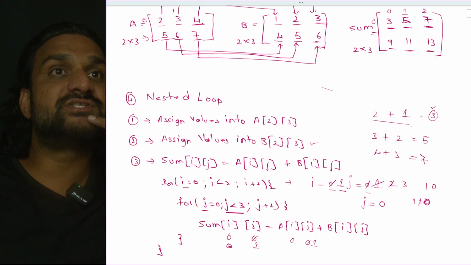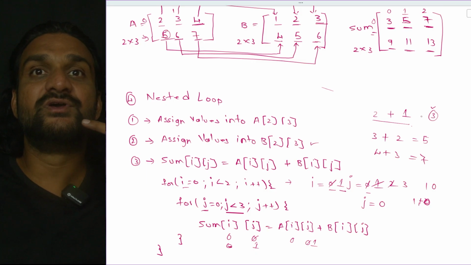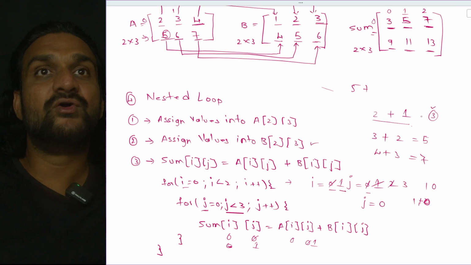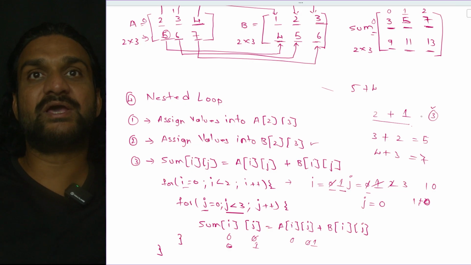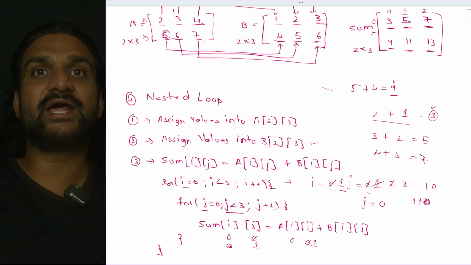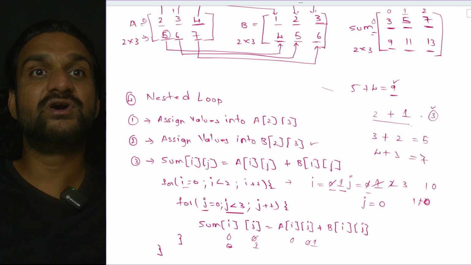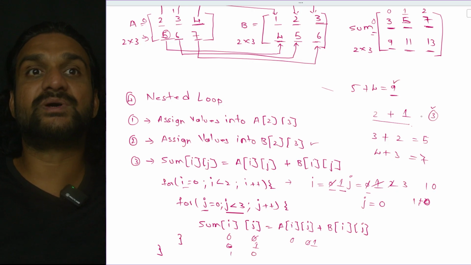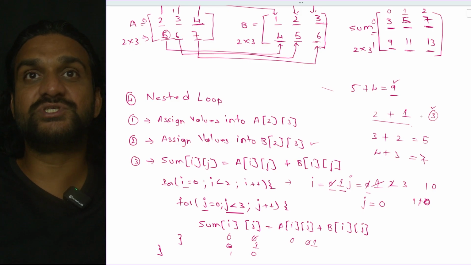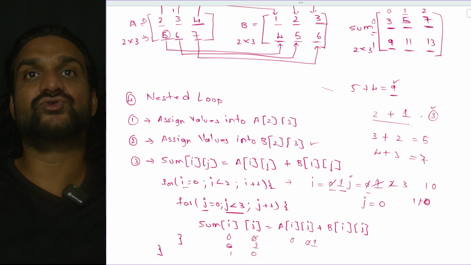So a of 1 0, here the value is 5. Now 5 will get added with b of 1 0, which is 4. 5 plus 4 gives a value of 9, and this value 9 will get stored in sum of 1 0, which is the position where the 9 will get stored.